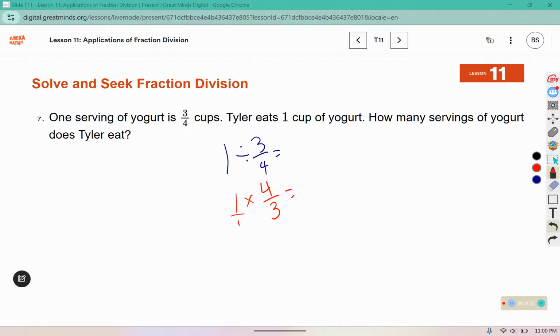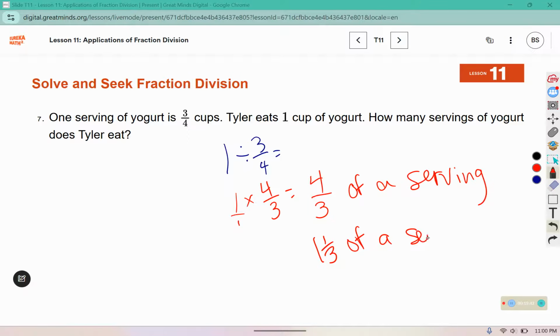There's an invisible 1 there. 1 times 4 is 4. 1 times 3 is 3. So he ate 4/3 of a serving. Or we could say he ate 1 1/3 of a serving. 1 1/3 servings.